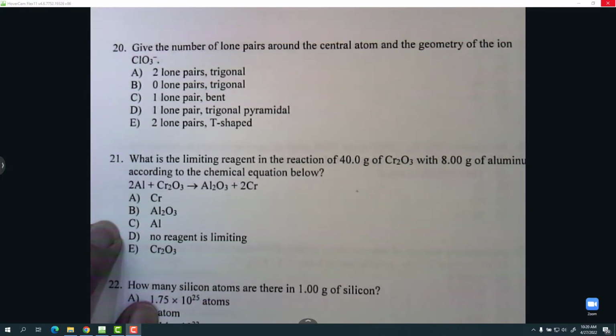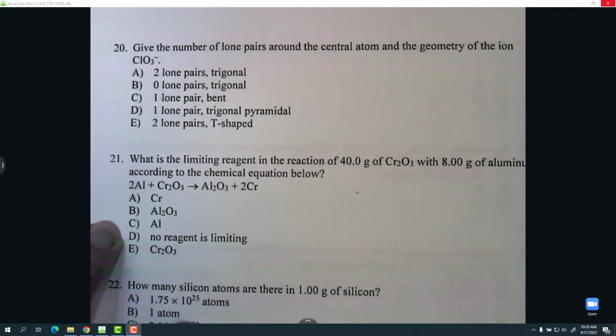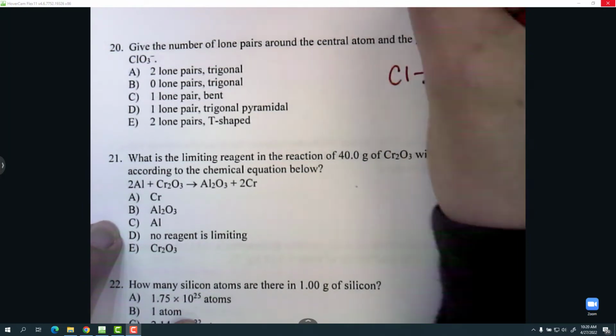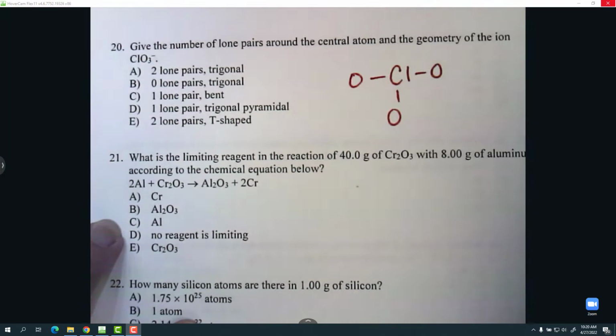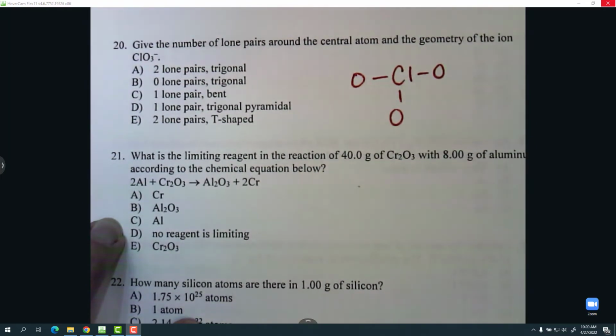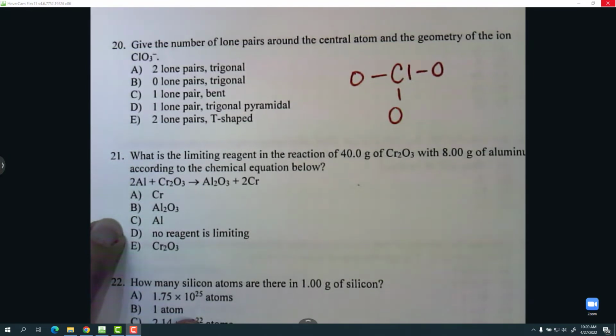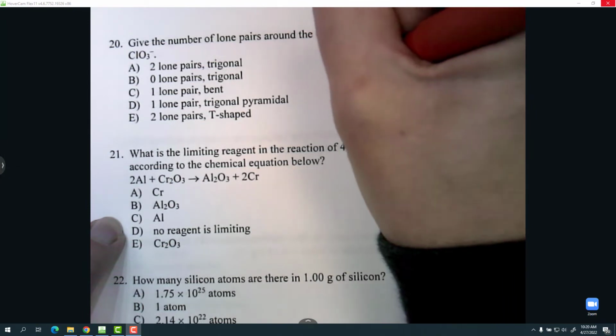All right, give the number of lone pairs around the central atom in the geometry of ClO3 minus. All right, so again, I'm going to start with setting it up as best I can. Complete the octet on everything.